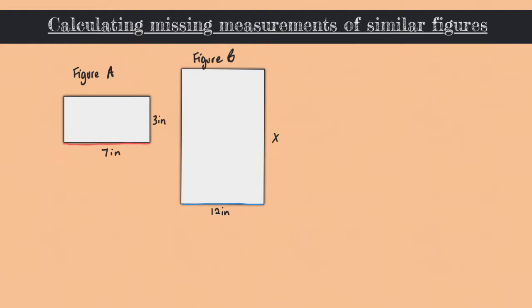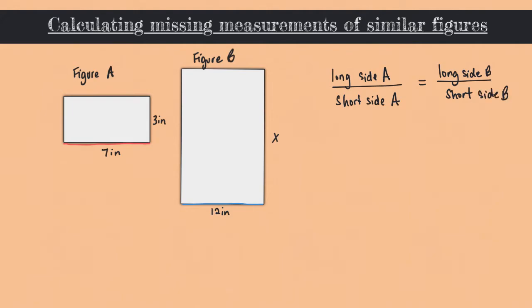So, in other words, if the long side of A over the short side of A has to be the same as the long side of B over the short side of B, then you want to make sure that you are choosing the right measurements for the right sides, okay?